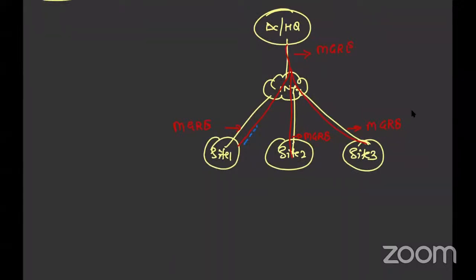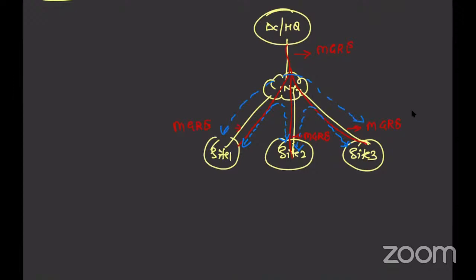When you configure it as mGRE, now you can create a spoke-to-spoke tunnel, which is going to be automatic. So you can create it between these two sites, whatever the traffic requirement is, or directly from site 1 to site 2. But again, there is no direct connection in the air, so your traffic will go via the internet. These are three different tunnels which can be created on the fly.